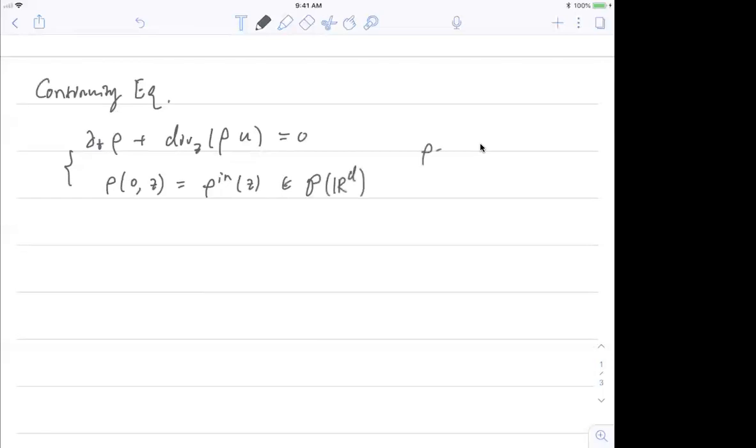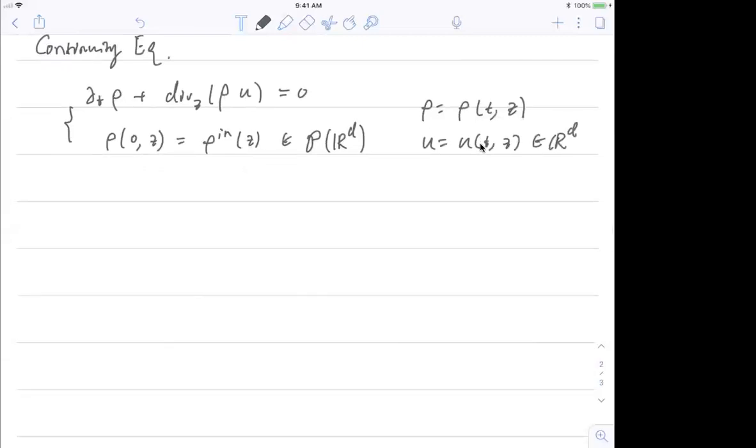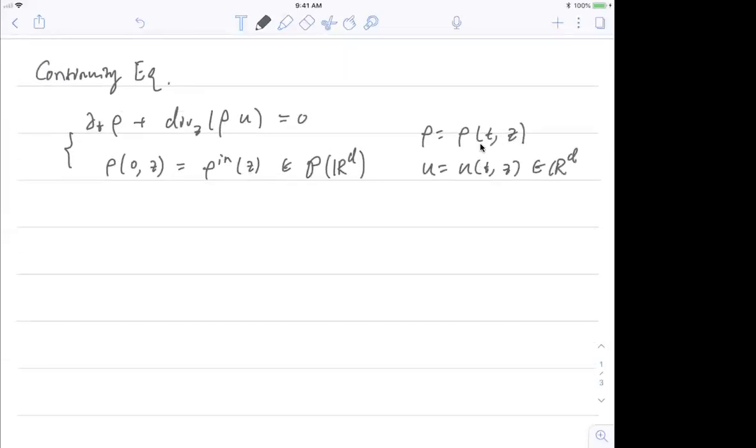So rho is a density function, and U = U(t, z) is a velocity field, R^d valued. Here we ignore all the regularity assumptions. We assume everything is as nice as possible.